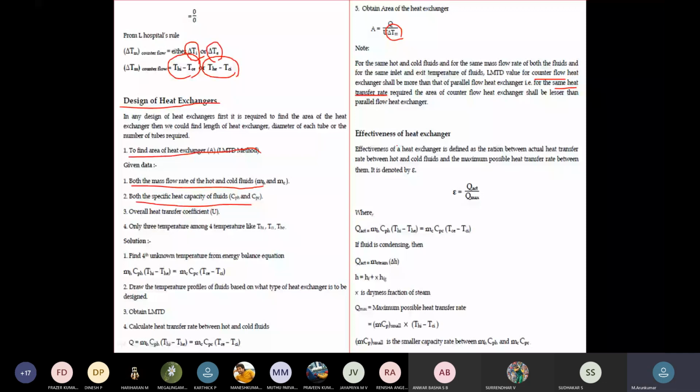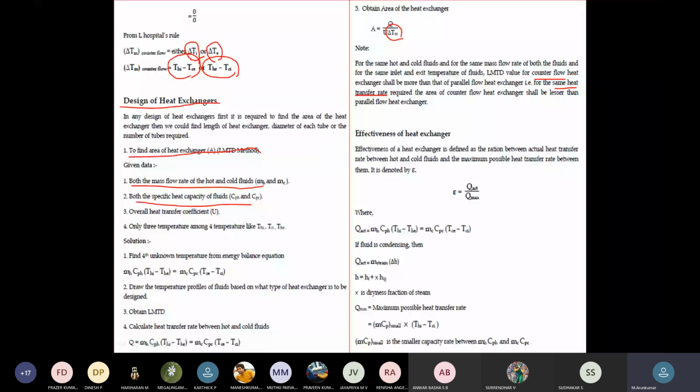So that can be calculated by Q actual by Q maximum, where Q actual will be m Cp delta T, for the cold fluid and hot fluid.